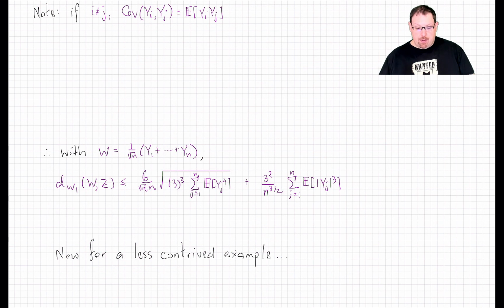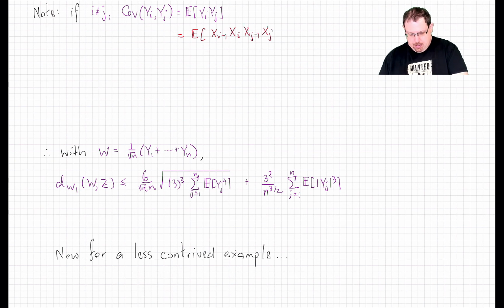Let's compute the covariance of yi and yj, if i and j are different. Because the y's are centered, given that the moments of y are the squares of the moments of x, the covariance is just the expected value of the product. And if we write out what that is, it's the expected value of xi minus 1, xi, xj minus 1, xj.